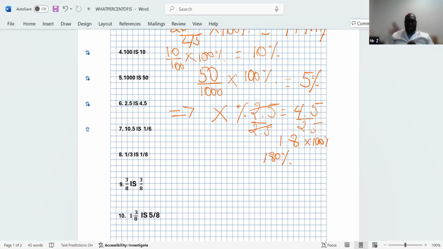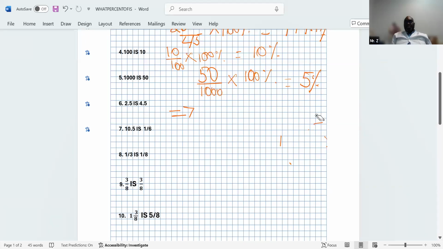Just get the second number in that case, which is gonna be 4.5 divided by 2.5 and multiply that by 100%. So you can get 180%.